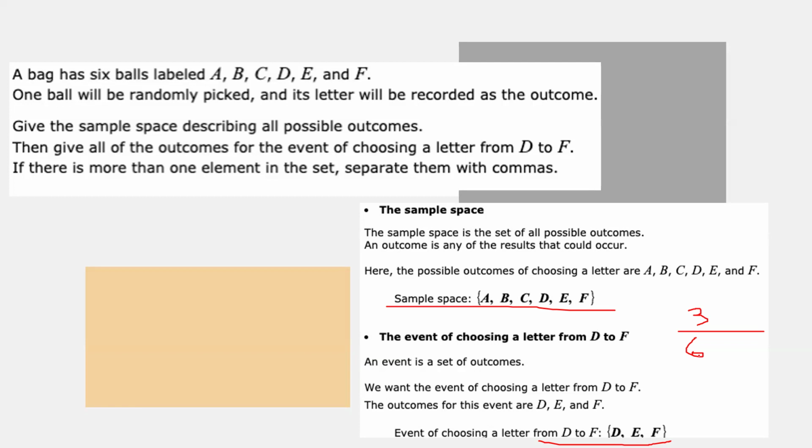And odds is never simplified because it's not a true fraction. Even though some people tend to write it like a fraction, it is not a fraction. So we do not simplify odds. I don't think there's an odds question in here, but just so we can differentiate that.